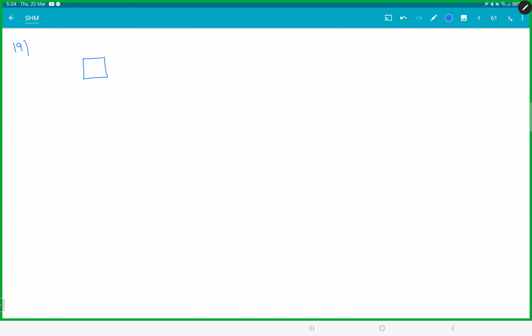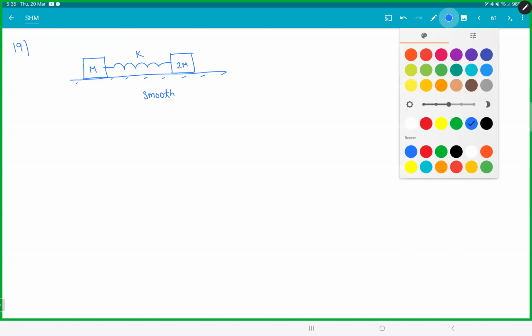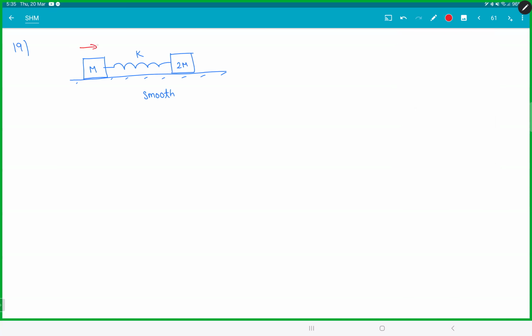So we have two blocks here, mass m and 2m, spring constant k, smooth ground. You gave speed u to this block, and this block is at rest initially. Find the time period. I hope everyone remembers this.